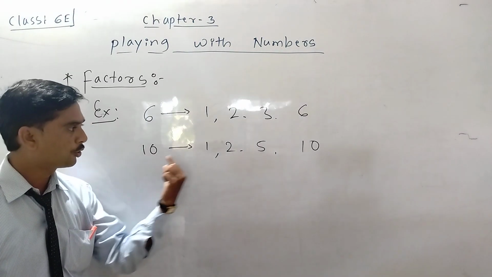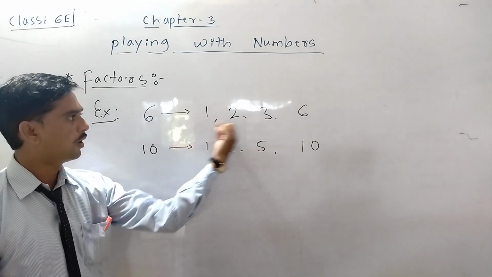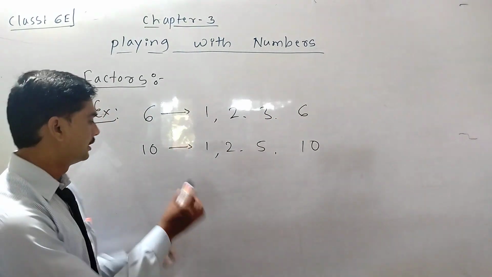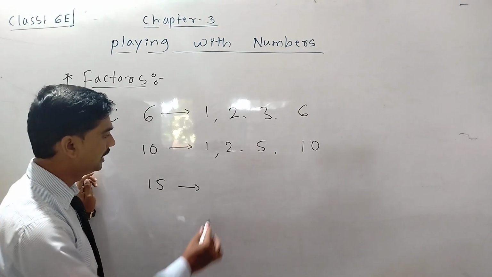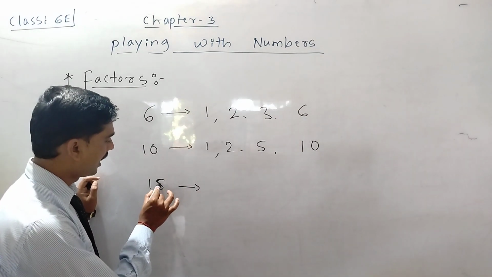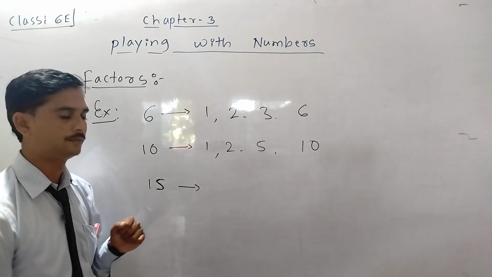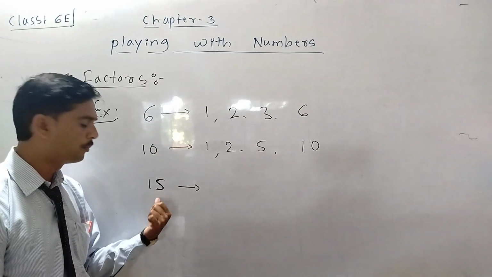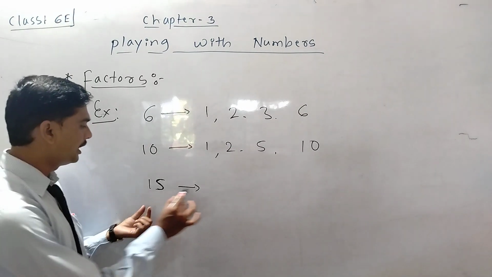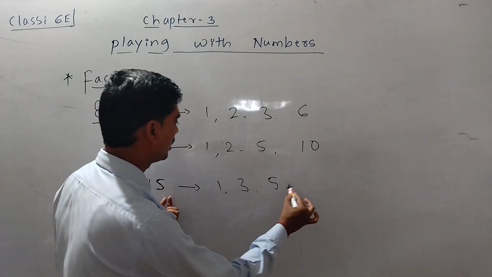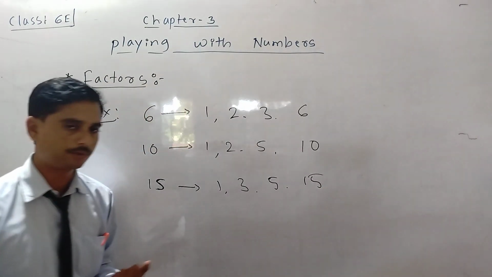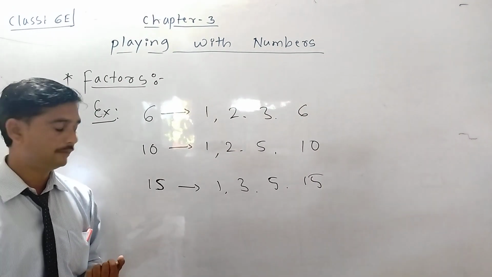Then how many factors does 10 have? 1, 2, 5, 10. 6 has 1, 2, 3, 6. Okay, then come to the next, 15. How many factors does 15 have? Yes, sir, 15 has 1, sir, 3 also, 5 also, and 15 also. Okay, it is very important.